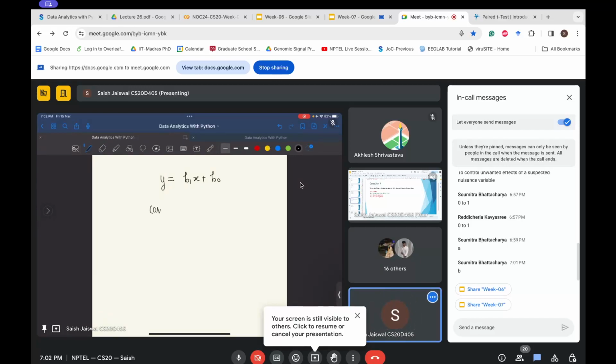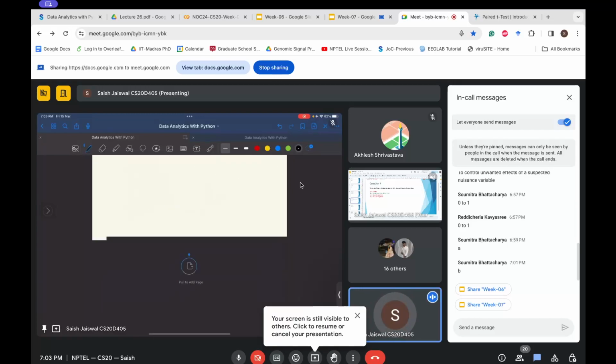The correlation coefficient is nothing but sign of b1 times the square root of r square, and r square value was given as 0.81. So if sign of b1 is positive, it will be plus the square root of 0.81, which will be 0.09, sorry, 0.9. Or if sign of b1 is negative, it will be negative 0.9. So the answer is either plus 0.9 or negative 0.9.